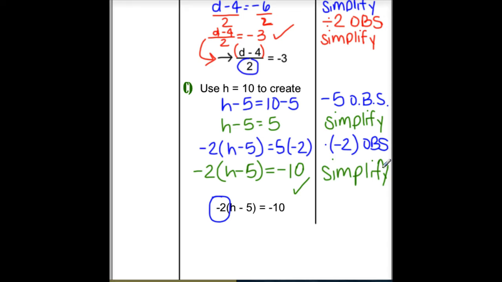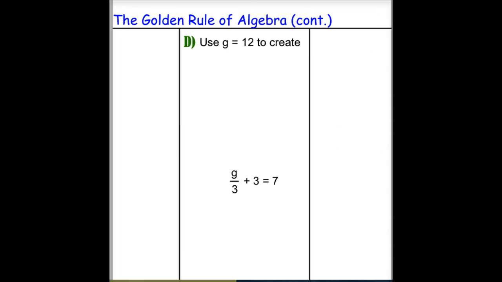There we go. Now, we've got one more example. We've got here using g equal to 12 to create g over 3 plus 3 equal to 7. So we're going to start off with our g equals 12. I see here that first g is being divided by 3 and then 3 is added to get 7.